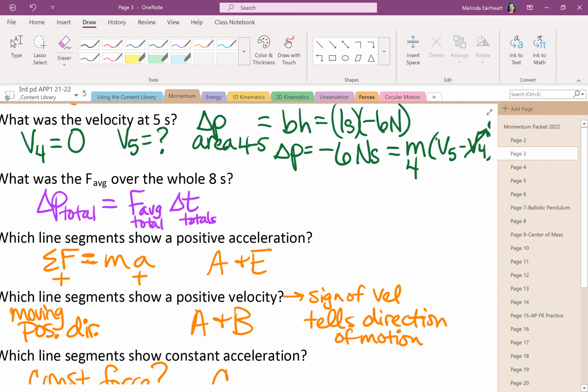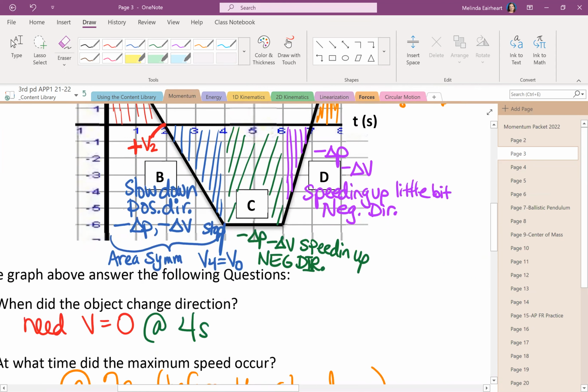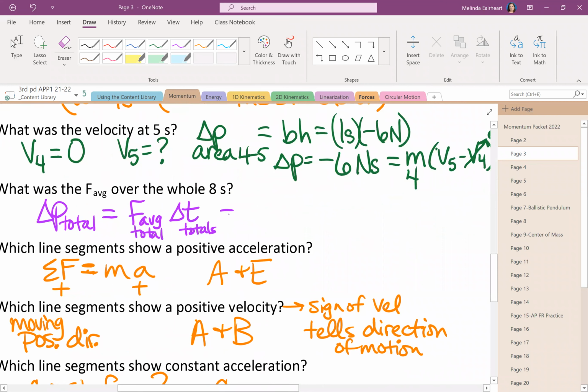Sorry. But if you recognize that A and B's area cancel out, and D and E cancel out, really the total area is just equal to what? C, right? And so it equals the area of 4 to 6 seconds, okay? That's still equal to the whole entire time. We'll still use 8 seconds. It's just I only, at the end of the day, need to do the base times height for 4 to 6.